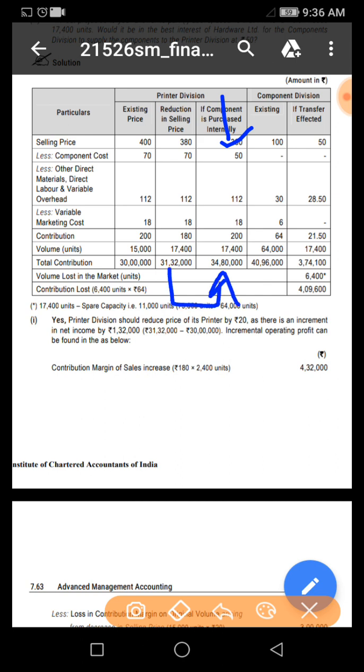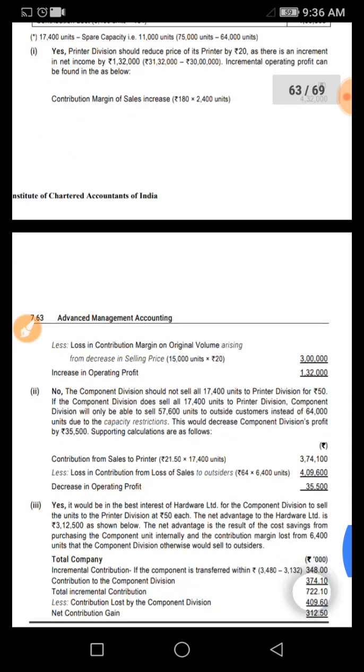This 34 lakh 80,000 over 31 lakh 32,000, that is one increase, and also they are getting this contribution, 3,74,100. So this increase plus this one minus this one, if you see, it's profitable.